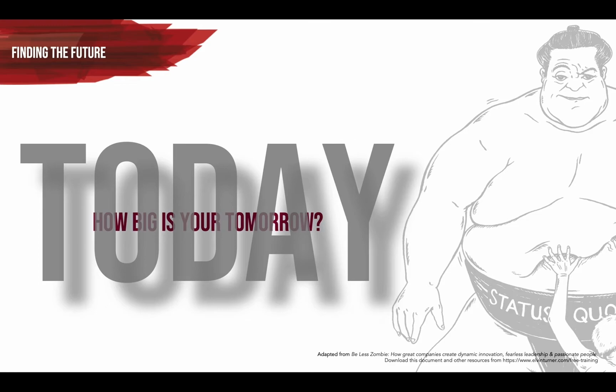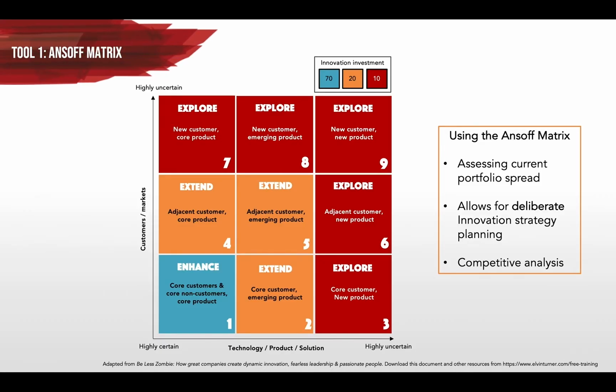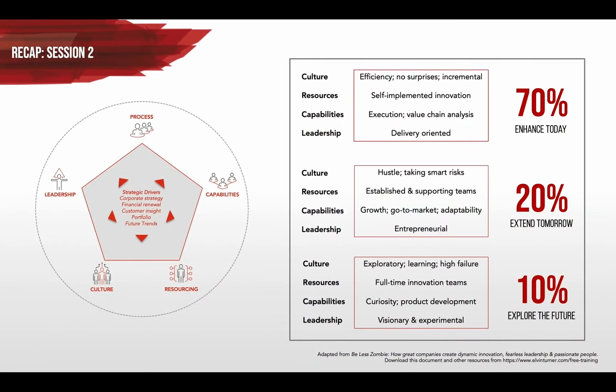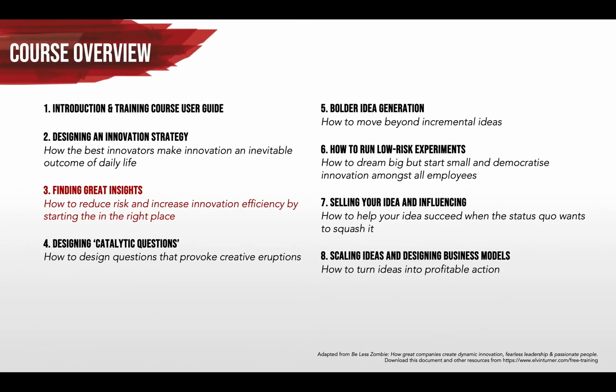Then we looked at some tools to help us break down how we can think about how resource and focus needs to be applied across an organization and splitting those things accordingly, based on the speed of change in our industry and a few other things. And then finally, we looked at a framework to help us figure out, well, yeah, all very well to break down the resources and the focus into different areas, but what needs to happen beyond that so that we can build an environment where innovation can really show up and work well. So today we are going to be looking at finding great insights.